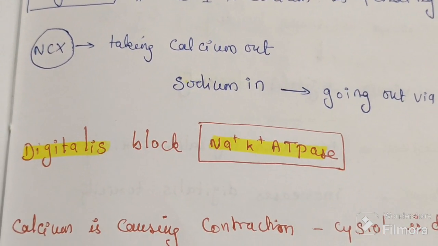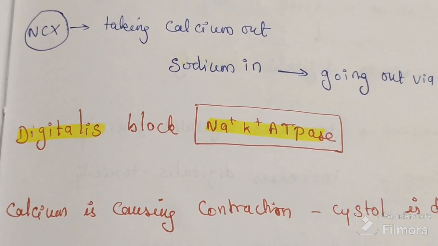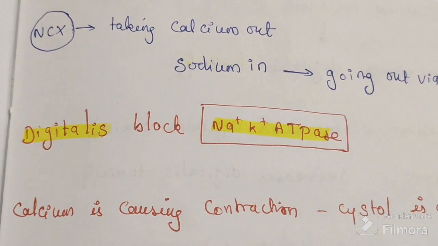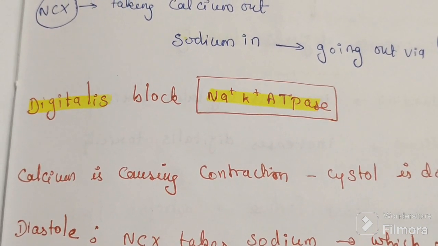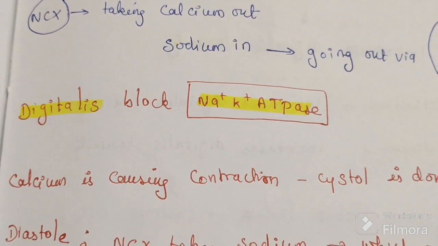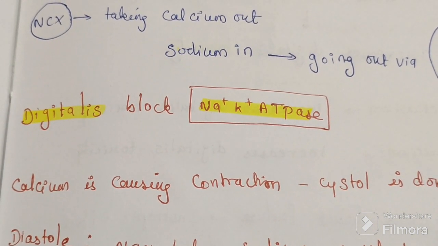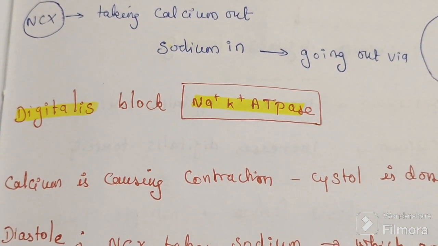So mechanism of action of digitalis: digitalis blocks the sodium potassium ATPase transporter on the cardiac myocytes in the left ventricle. If it is blocked, sodium will not go out, so intracellular sodium will rise.